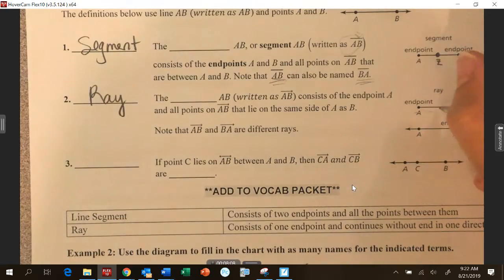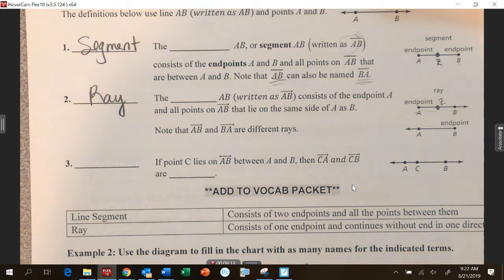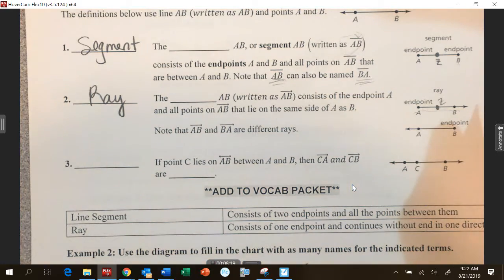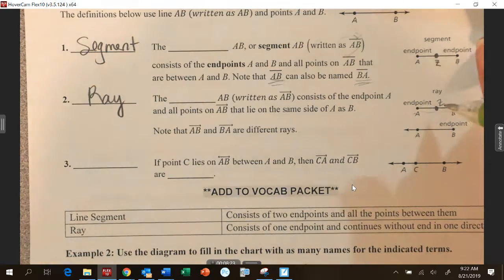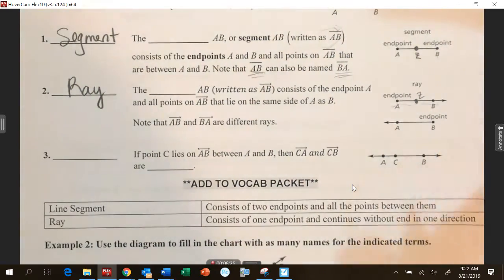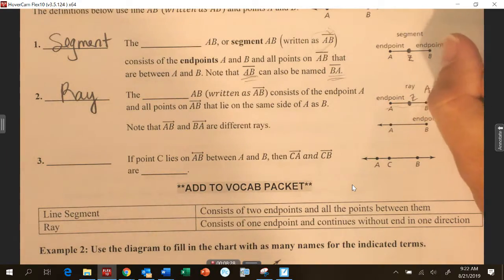I can have another point in here. Ray AB would still pass through Z, so that would be fine. If I do add that other point in there, I could also name it AZ.